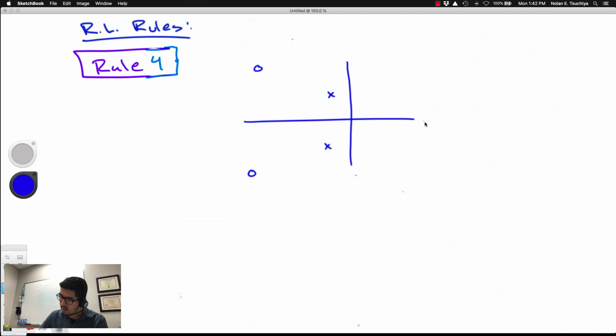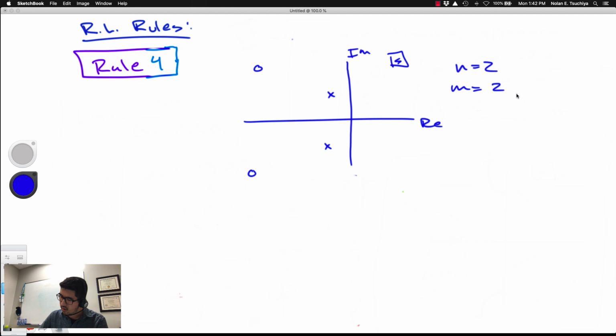These are the poles and zeros of our L of S, and this is how they plot on the S-plane. For this example, n is equal to 2. There are 2 poles, and I'm sorry, there are also 2 zeros.